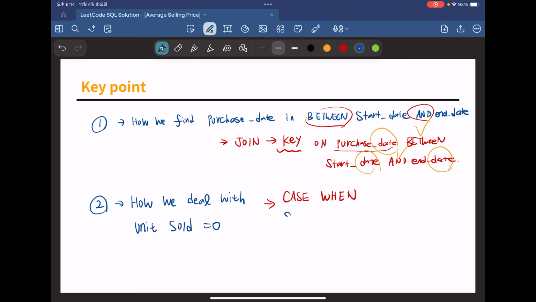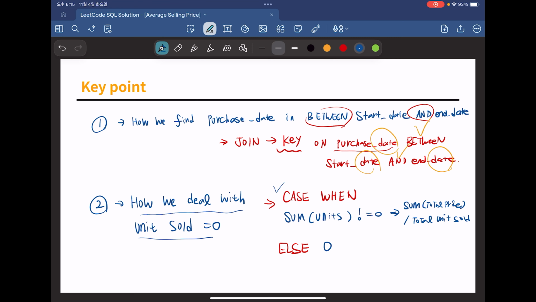When the sum of units is not 0, you can also use is not null, then we're gonna print the sum of total price divided by total units sold, as we did. Else we're gonna just print 0. I think this approach solves how we deal with the units sold 0 condition.